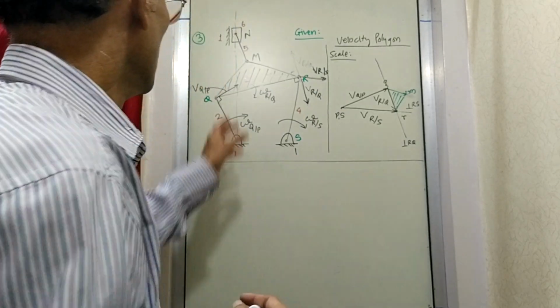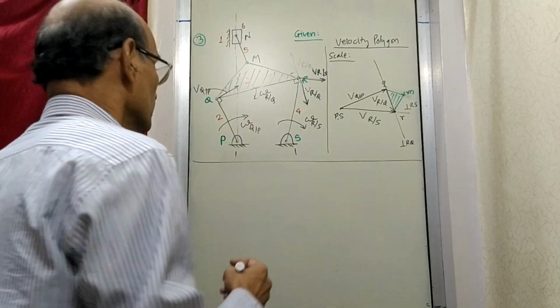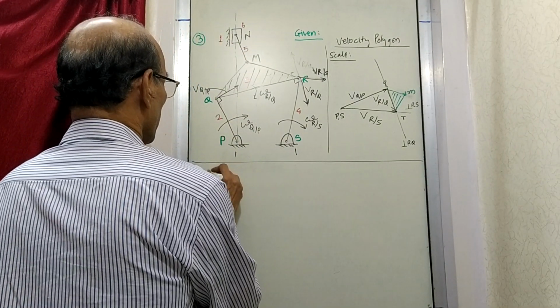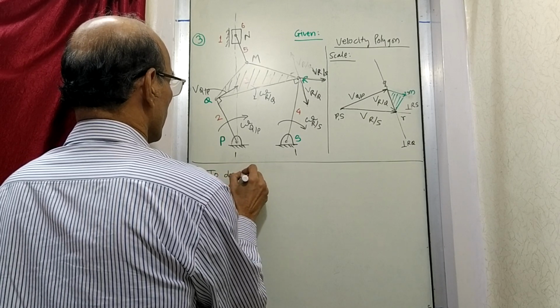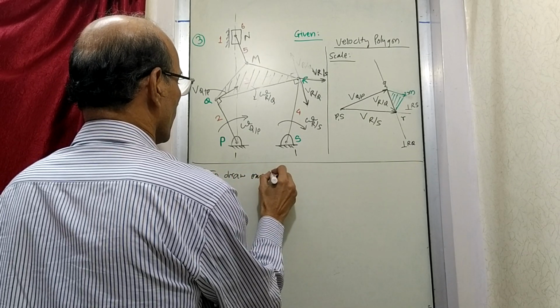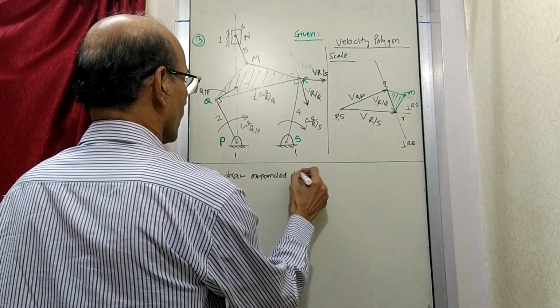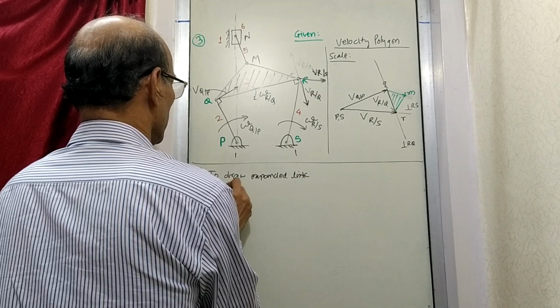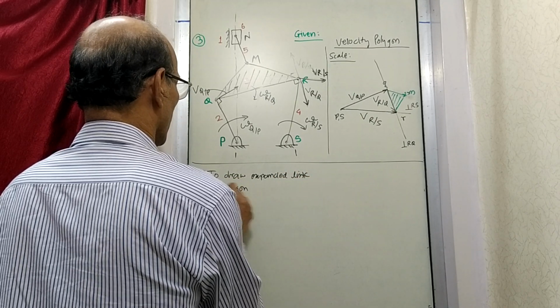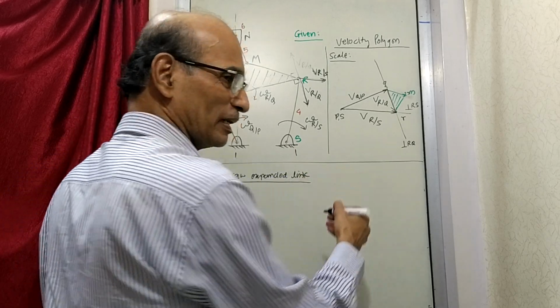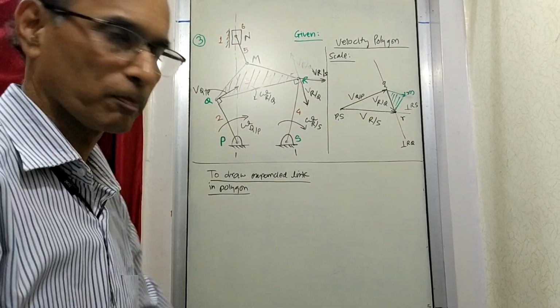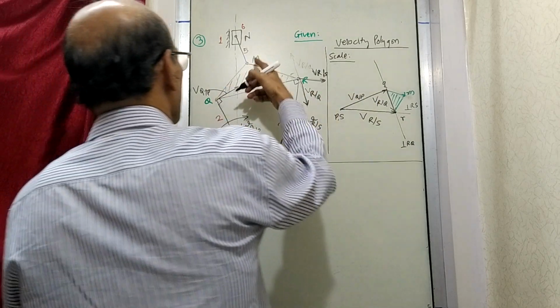Okay, so now let us go further. So to draw the expanded link in polygon. In fact, it's not link exactly, but the shape corresponding to the expanded link. So for this we have made use of the proportion.